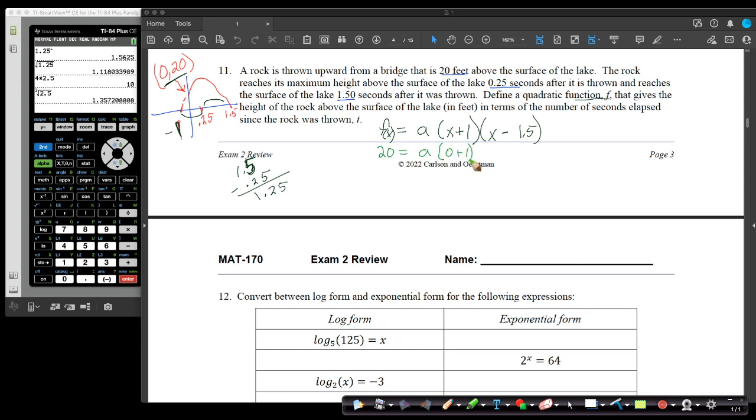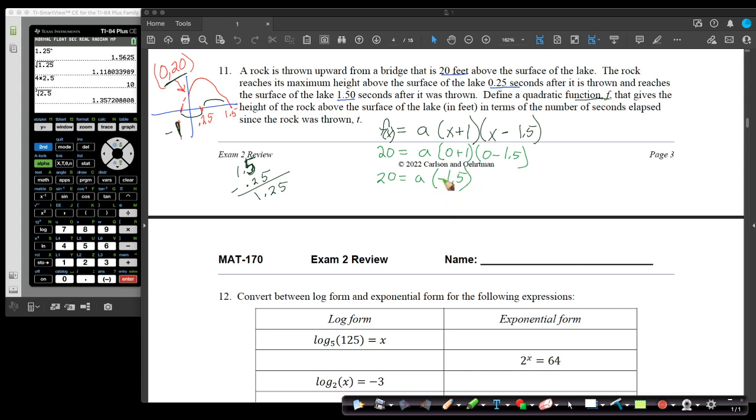When x is 0, we have 0 plus 1 and then 0 minus 1.5. The math ends up being fairly nice here. We get 20 equals a times 1 times negative 1.5, which is negative 1.5.